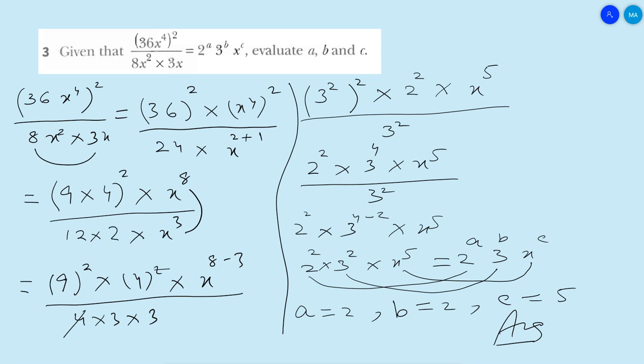I am sorry. This is my mistake. This should be 2, and this cancels the same. This is 2 square. This is x^5, and this is 2 square, and this is 3 into 2.